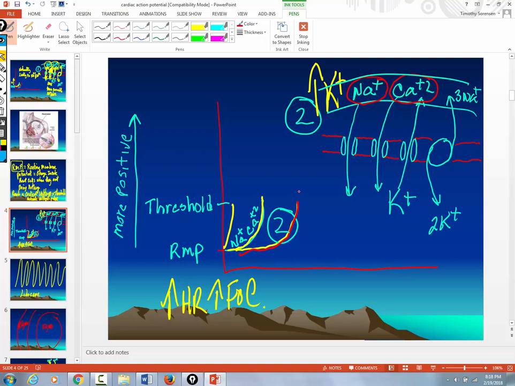And if there's less calcium leaking in, what will happen to the force of contraction? So what will happen to the person's blood pressure? Go down. Watch it.